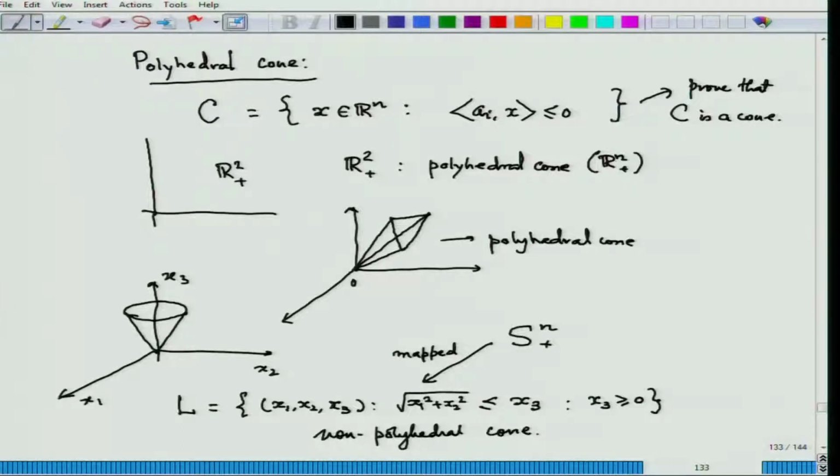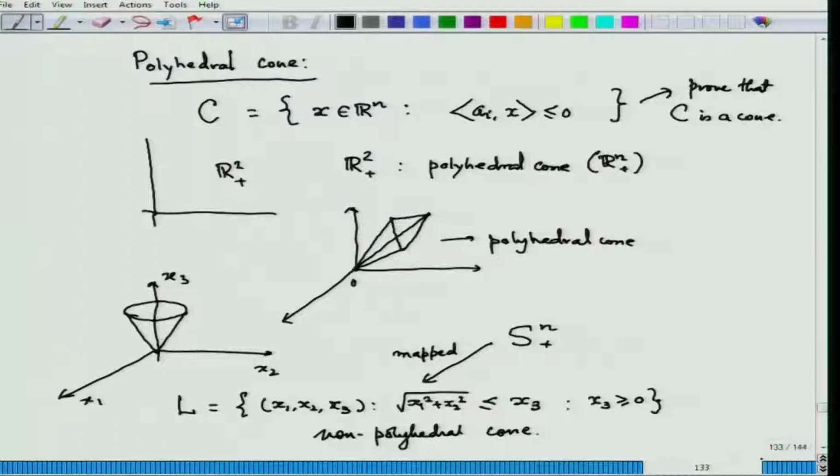But this being a convex cone, if you look at any point in this polyhedral cone, you will observe that any point can be written as a positive linear combination of these 1, 2, 3 vectors. These vectors are essentially called the generators of the cone, and that led to the notion called a finitely generated cone.